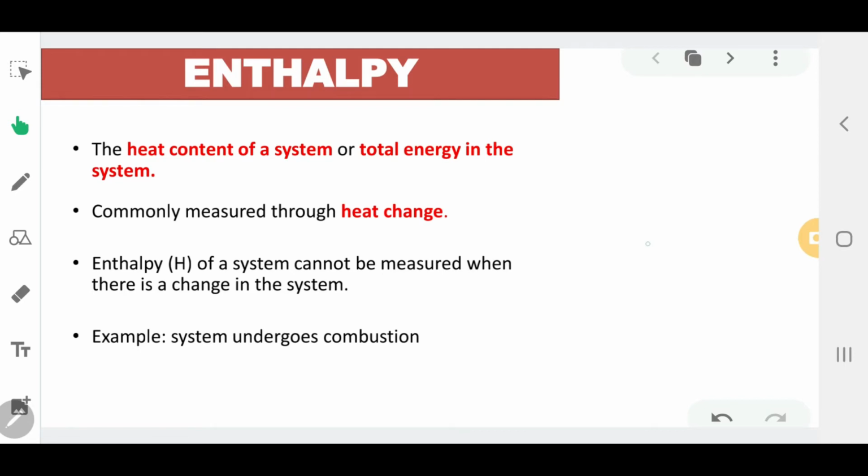Hello, in this video, we're going to learn about enthalpy and how to write thermochemical equations. So the heat content of a system, or the total energy in the system, is commonly measured through the change in heat.